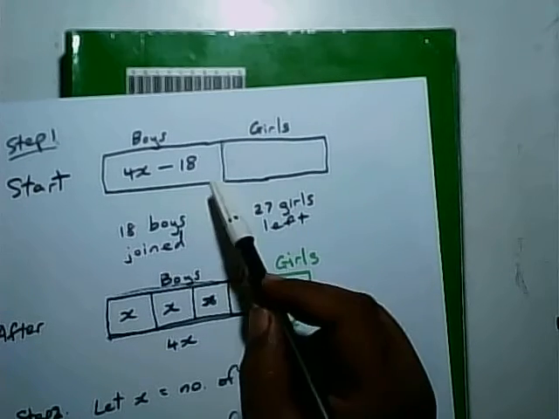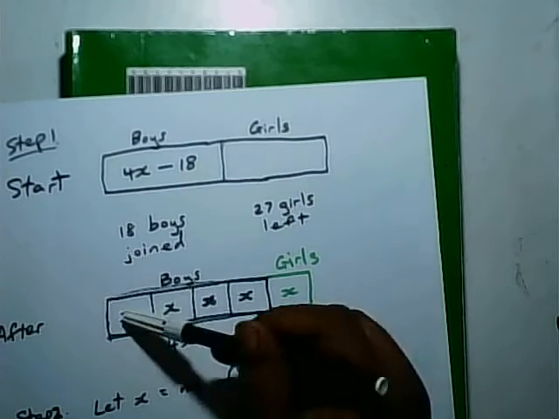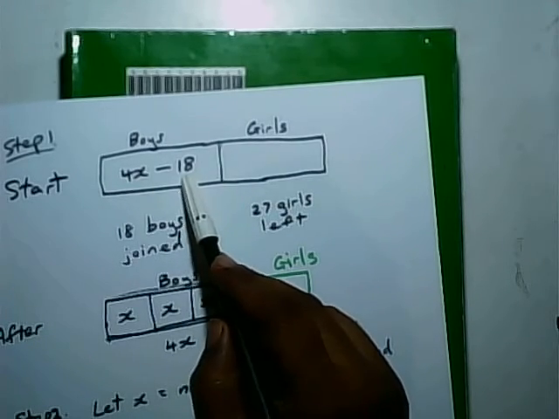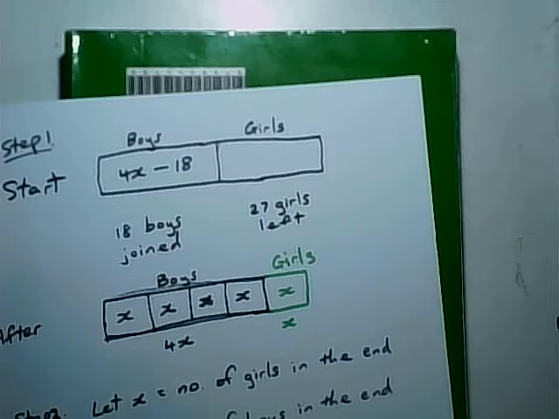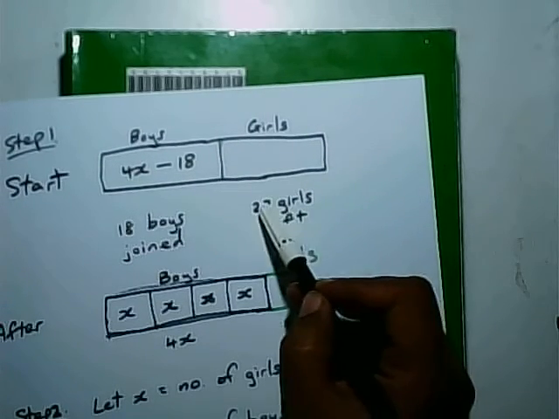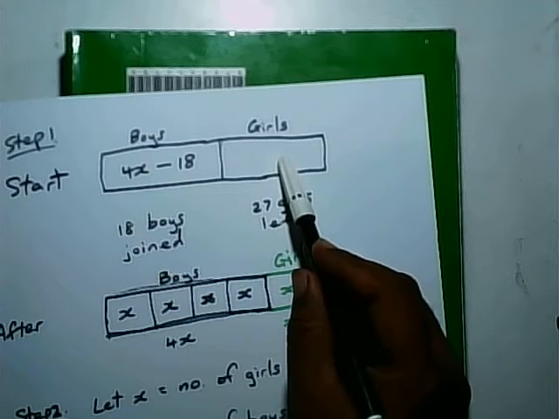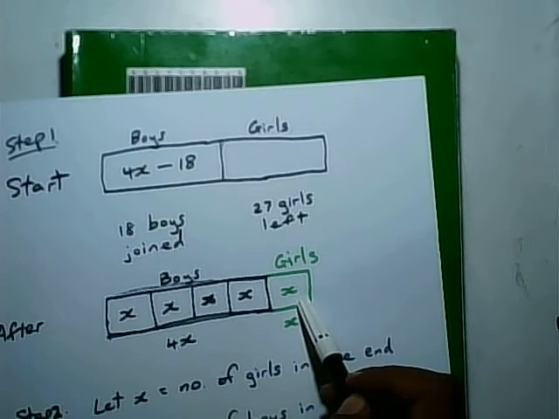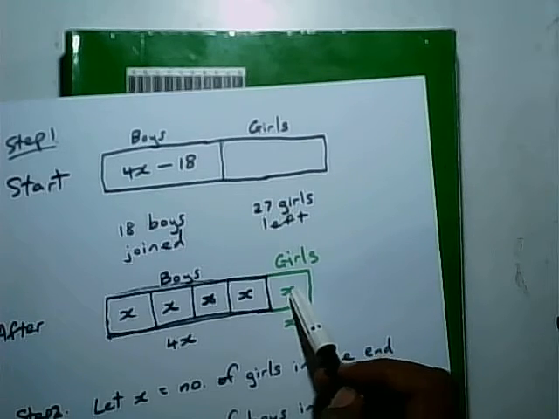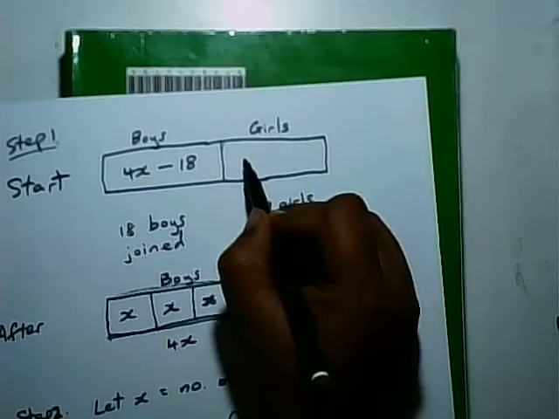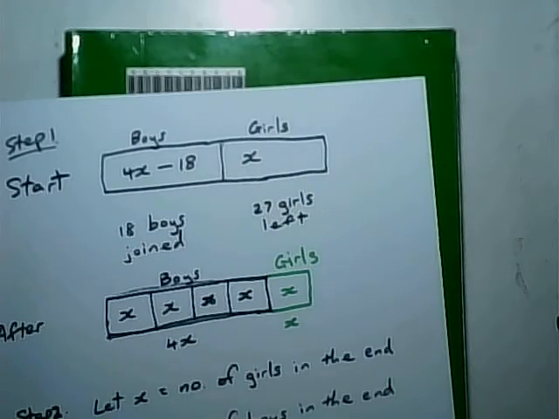Now this is the confusing part. You're taking the 4X, but you have to subtract 18 to get the original amount of boys. And here now, we have X, but here 27 girls left. So here there were more girls than here. So let's see now. If I want to change from X and go back here, would it be X?